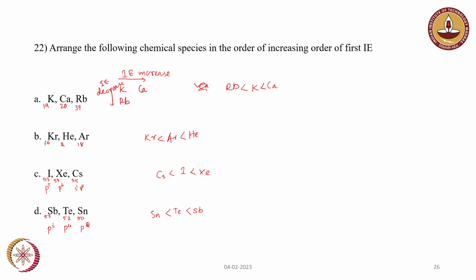And tellurium has a p4. If we remove one electron, it will become half-filled stable, so it will have less ionization energy compared to antimony. And so tin will have even less.